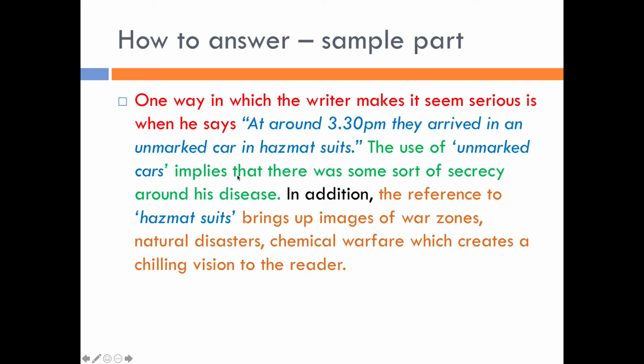So like I said, I start with an introductory linking sentence, then pick out my quotation. What you can do sometimes is break down a longer quotation if there are two parts you want to talk about. I picked out unmarked cars, which implies some sort of secrecy and reinforces the seriousness, and then hazmat suits, which has connotations of chemical warfare and war zones, creating an image of seriousness.